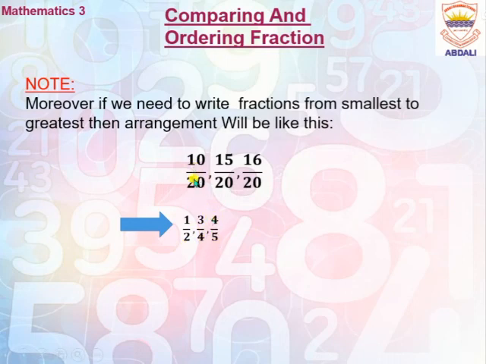Okay, because 10 by 20 is got from 1 by 2, 15 by 20 is got from 3 by 4, and 16 by 20 is got from 4 by 5. Okay, so here is the arrangement of our given fractions.